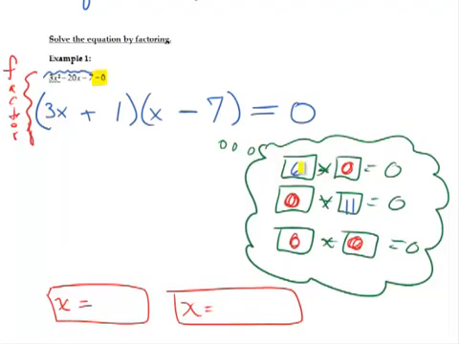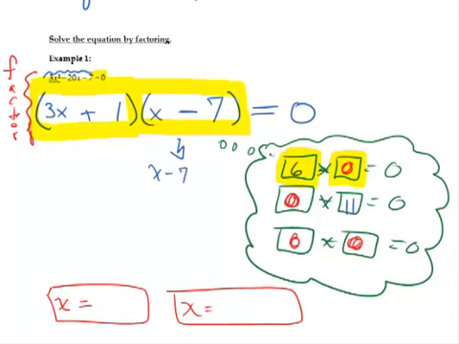Now that's actually what we're looking at here. As you see 2 numbers here, we have one number, or one term, times another number, or another term. And we want to say, well, it could be that this piece, this x minus 7, might be the equal to 0 piece.